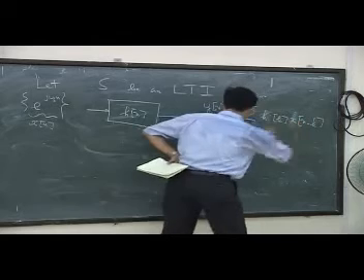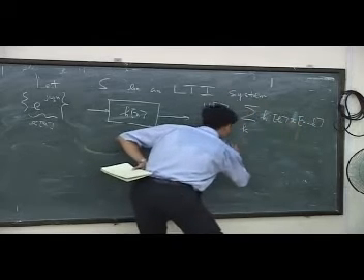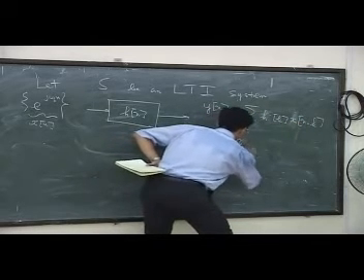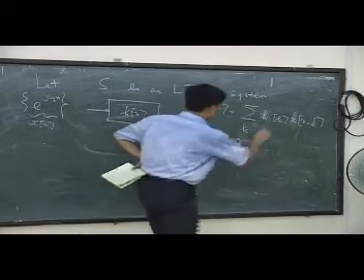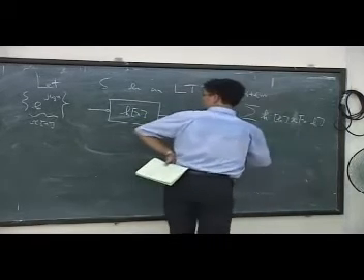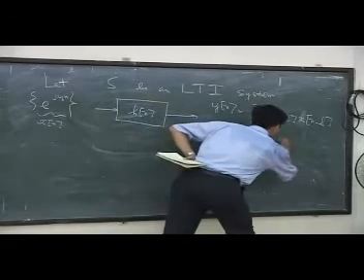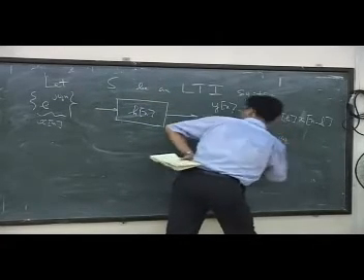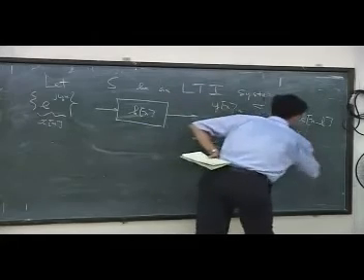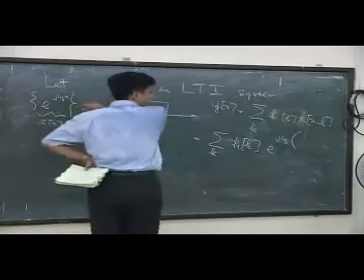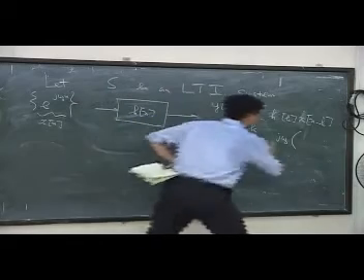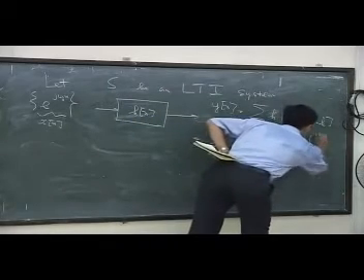Then I have summation in k of h[k], and now I replace x[n minus k]. What is x[n minus k] now? It is e^{j omega naught}, and I replace n by n minus k.